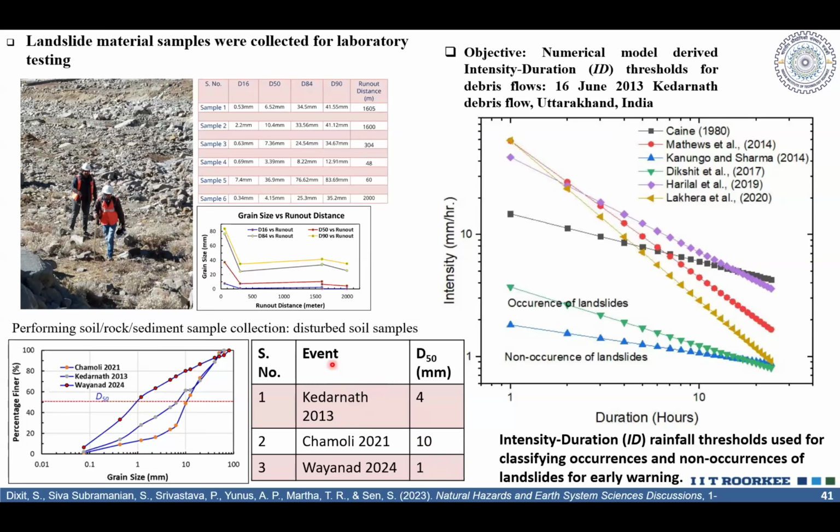So using this numerical model, our purpose was to run this model, accounting for the uncertainties, acknowledging the limitations, and playing with what we have. We know that for early warning of landslides in India, we still rely on the intensity duration threshold that is available all across the globe, starting from Caine.